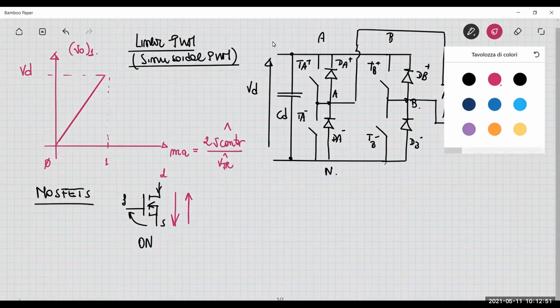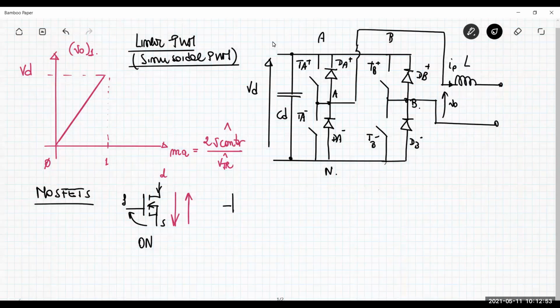When the MOSFET is off, so when the voltage VGS is lower than the threshold of the MOSFET, the MOSFET is basically an open circuit, then you have to think about the body diode. The body diode is intrinsically inside the MOSFET due to the construction of the MOSFET. Okay, it's not something that you can add.